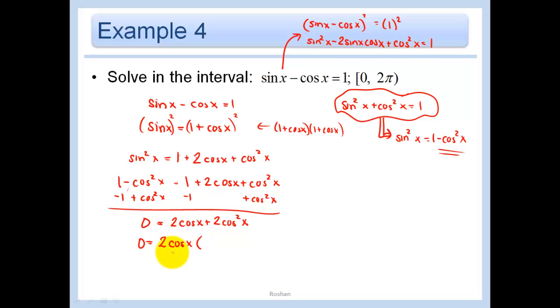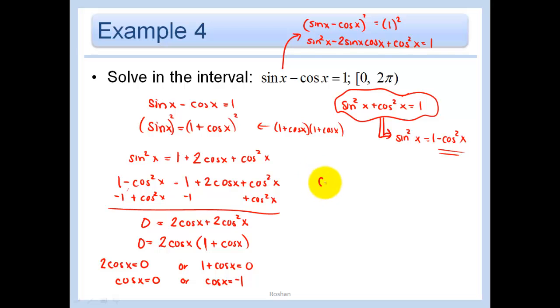And 2 cosine x divided by 2 cosine x is 1. Don't forget about the 1. Plus, you have a cosine x left here. And so now we can say that 2 cosine x equals 0, or 1 plus cosine x equals 0, which means cosine x equals 0, or cosine x equals negative 1.